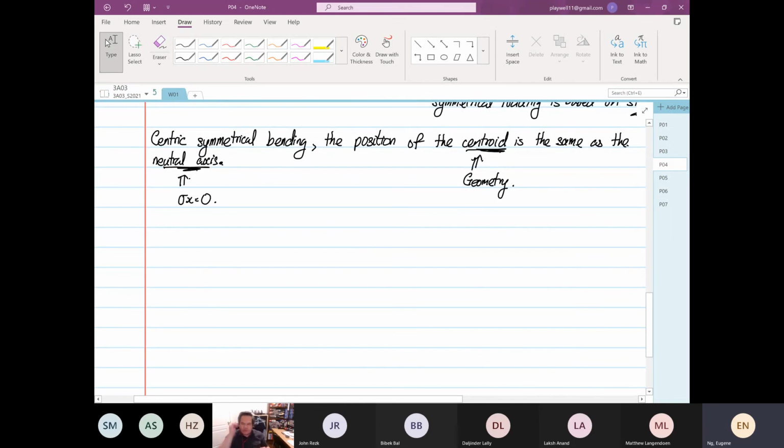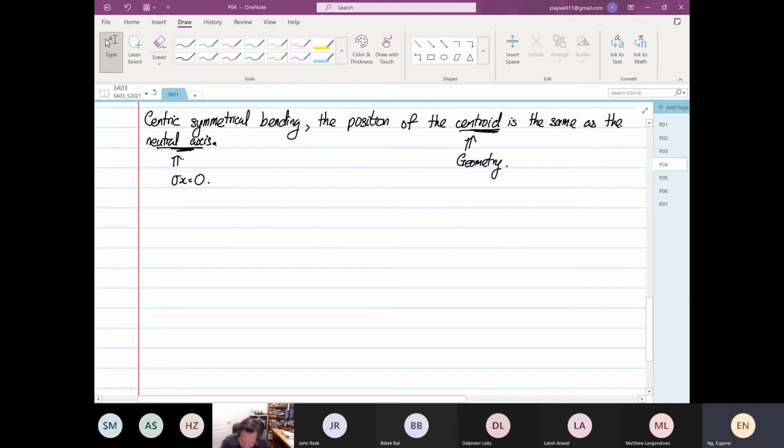We have not spoken about the neutral axis. I think you guys have the impression of a neutral axis. Now, if again we have a cross-section area, this is our cross-section.